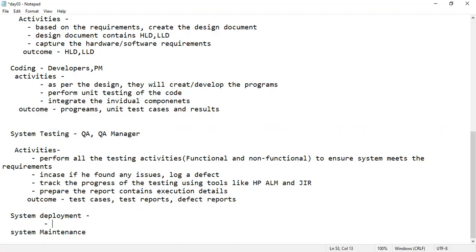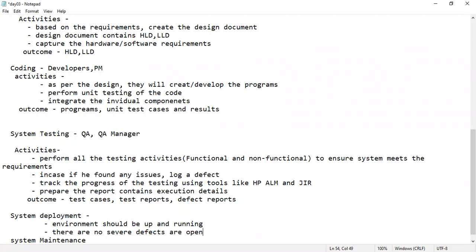Before that, we will check and ensure the environment is up and running. Environment available ga undali. What else? There are no severe defects open.